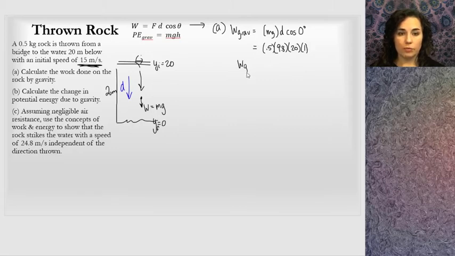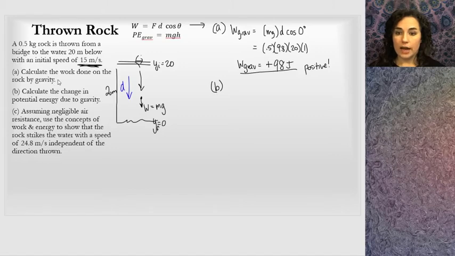And when I plug all of this through the calculator, I get a positive value. I expect that gravity is causing the rock to speed up, so it's going to be adding energy to the system. I get a positive sign here. And you can see half of 20 is 10 times 9.8. I get 98 joules. And we're going to note that this is positive. We expect it to be positive. It's causing it to speed up.